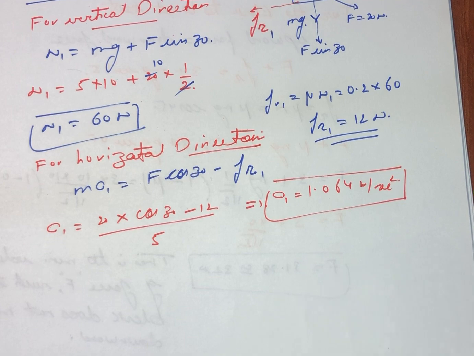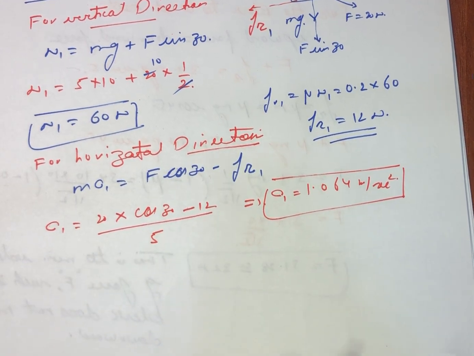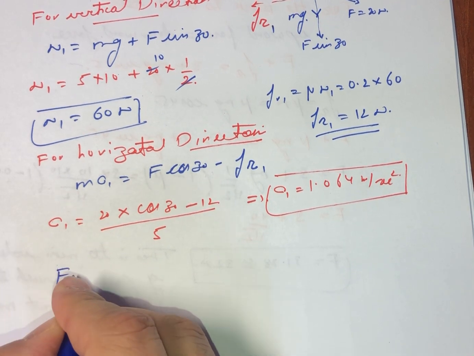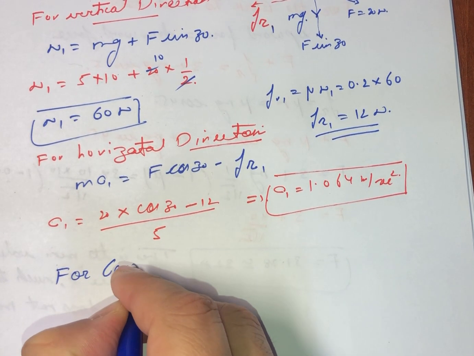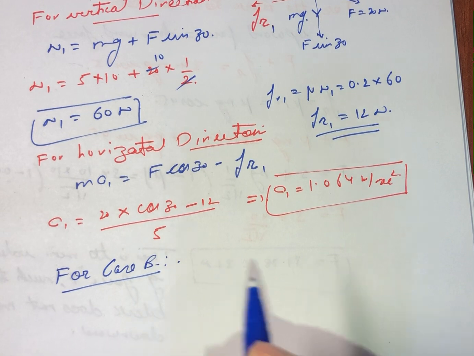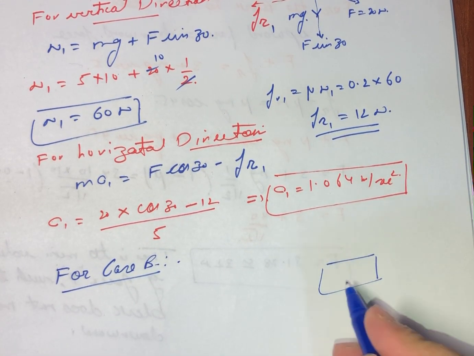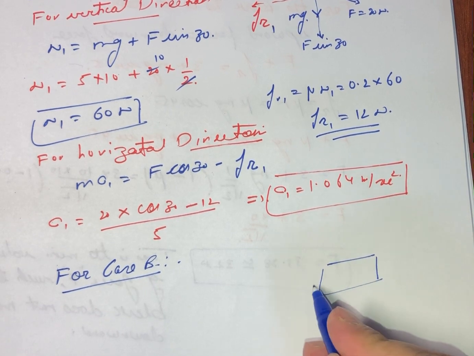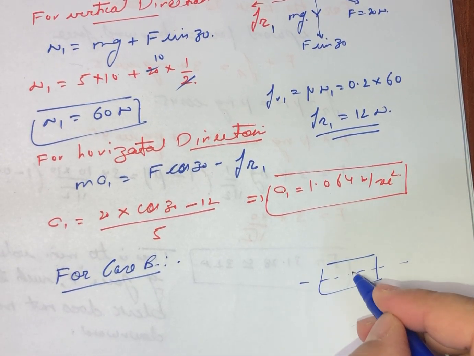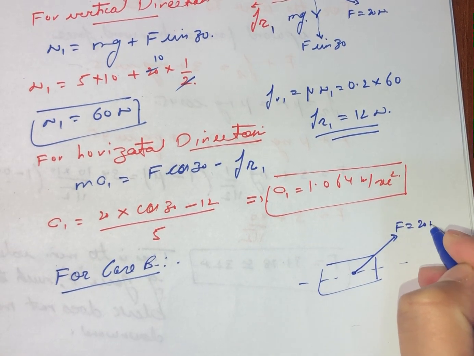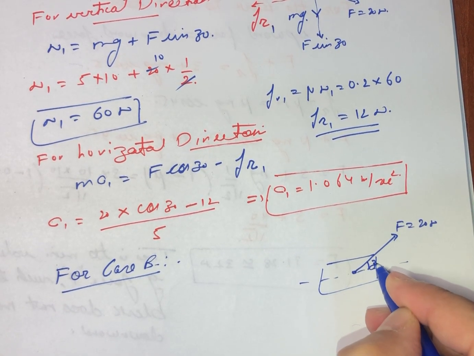So this is for case A. Similarly, we can solve for case B. Now it is being pulled with the same force, F equal to 20 Newton, making the same angle of 30.